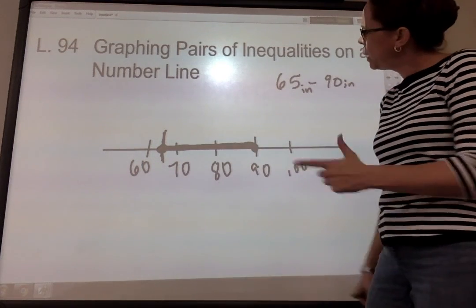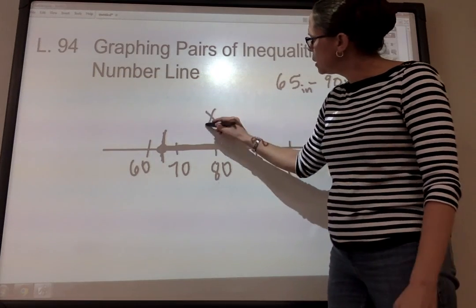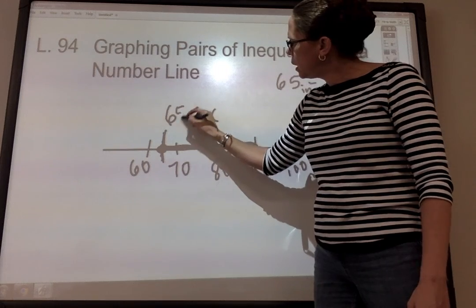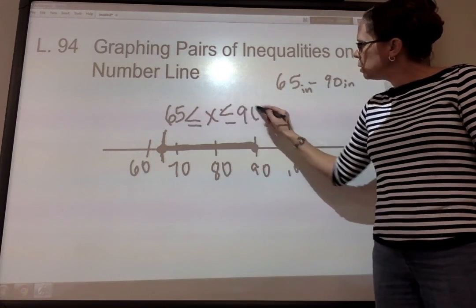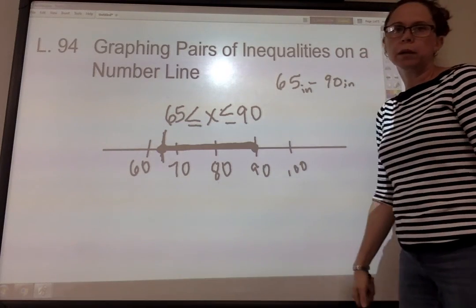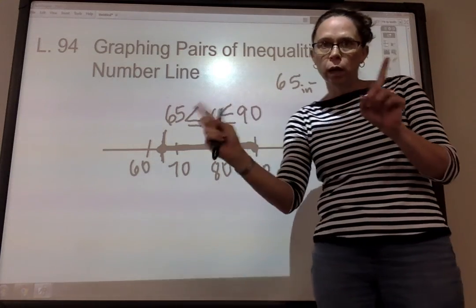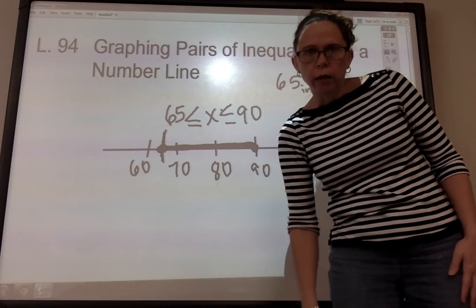Written as an inequality, we want numbers greater than or equal to 65, but also less than or equal to 90. This is what we mean by pairs of inequalities: we use one inequality statement to represent two different items.